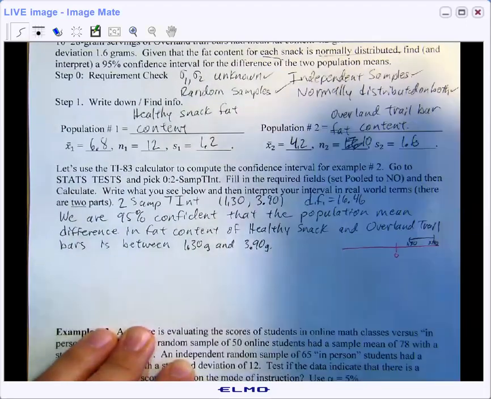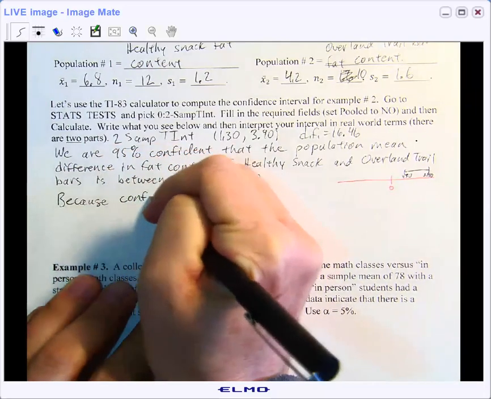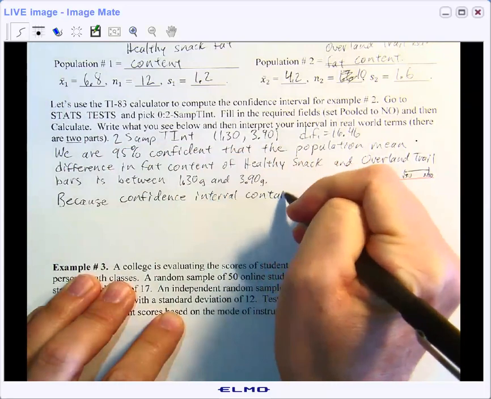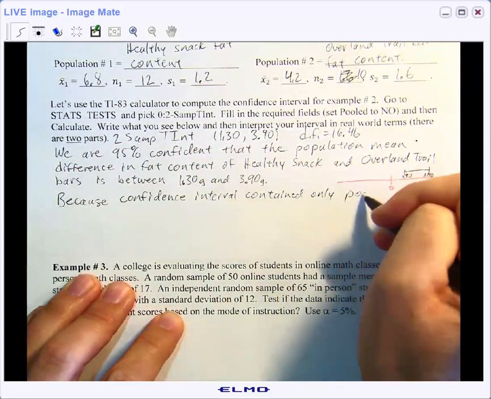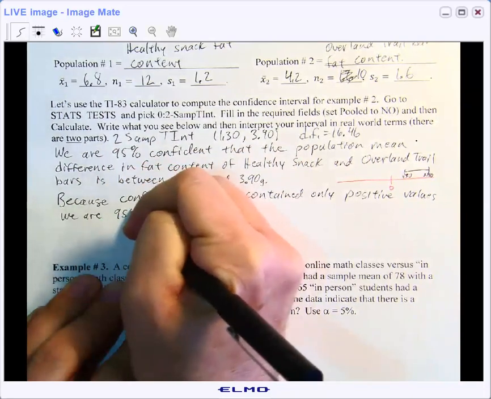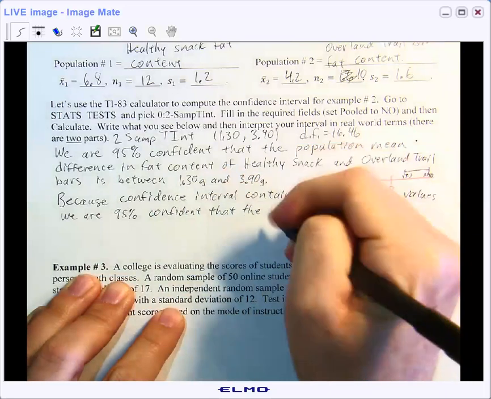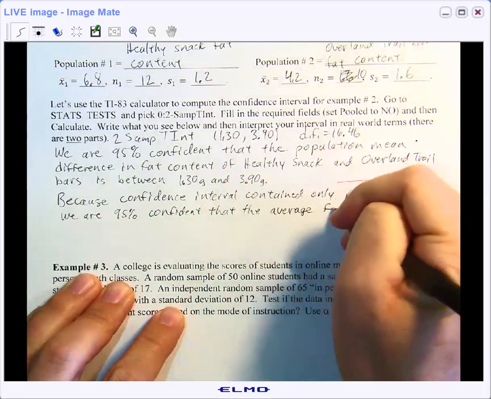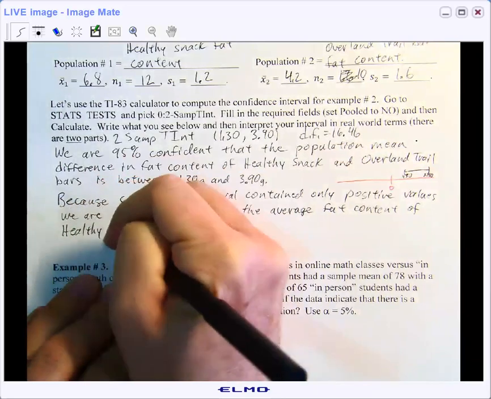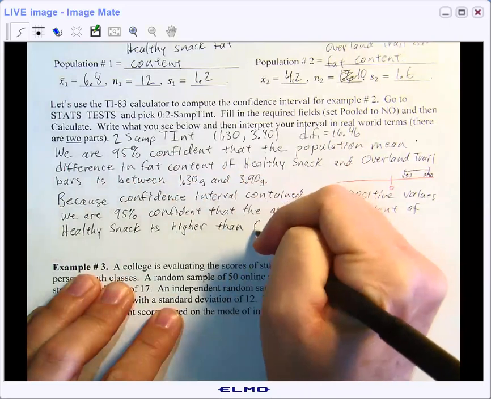So we're going to do that second step here and say, because the confidence interval had only positive values, we are 95% confident that the average fat content of healthy snack is higher than for overland trail bars.